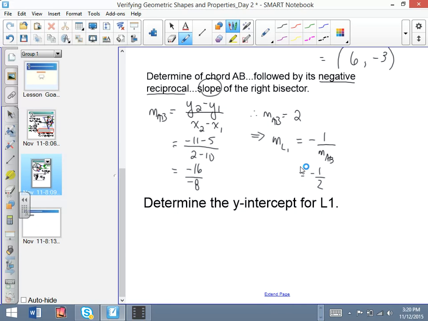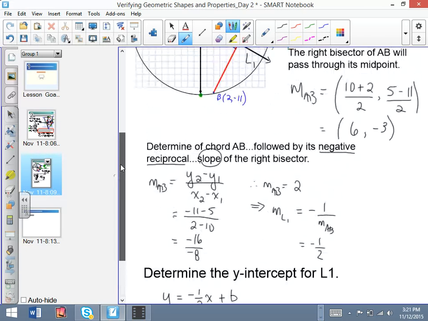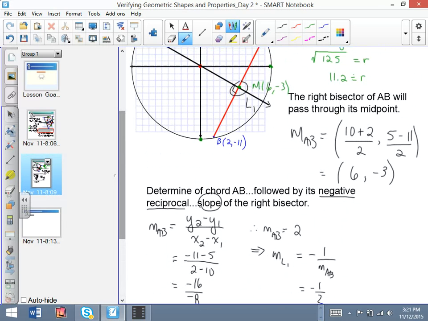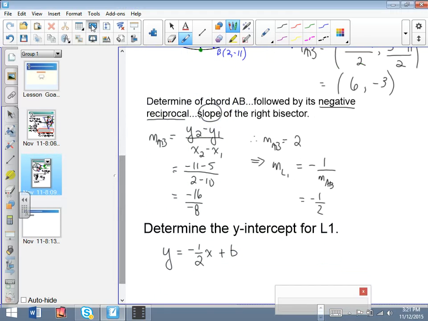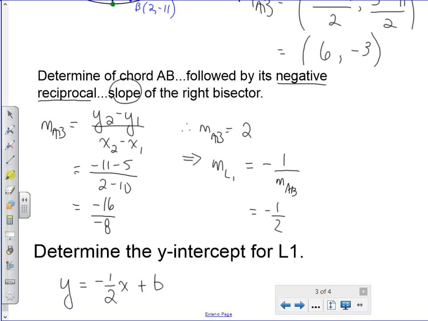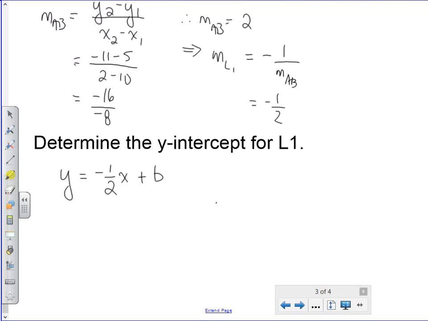So far, if we consider the equation for line 1, we'd have y equals the slope multiplied by x plus the unknown y-intercept. So all of this time, we've had this midpoint just sort of hanging out here, not of much use, but it is another point on the line we can use. So why don't we go ahead and figure out the y-intercept by substituting in the coordinates.